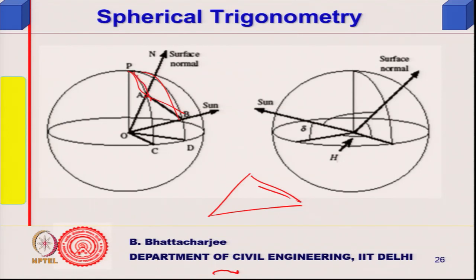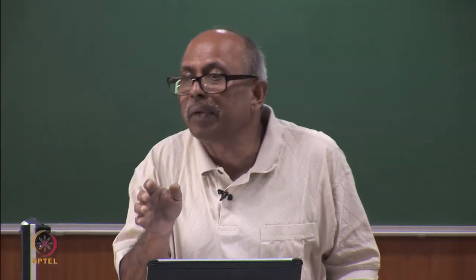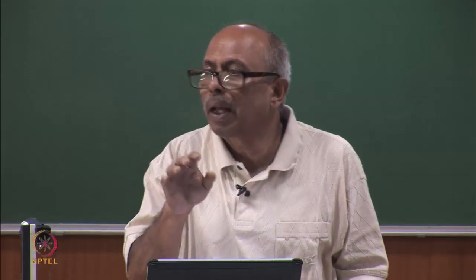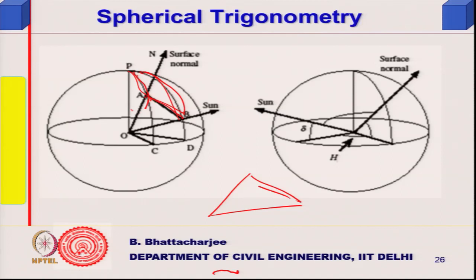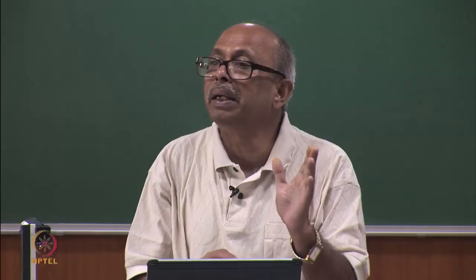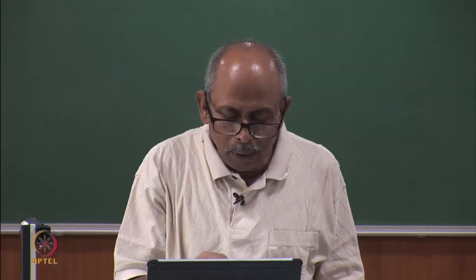Here I will have 3 arcs, one arc, another arc, and another arc. They will form a kind of triangle on the spherical surface, and each arc is defined in terms of an angle. So, sides are defined in terms of the angle subtended at the center.